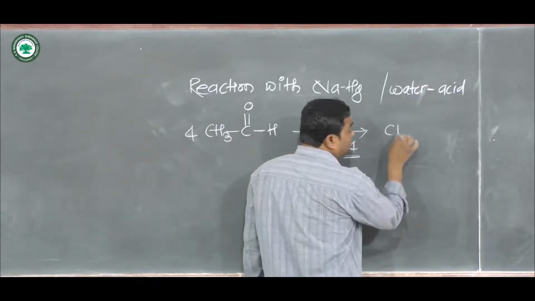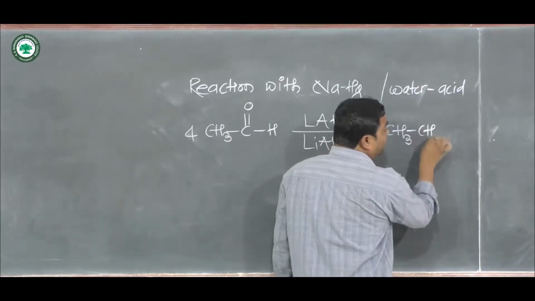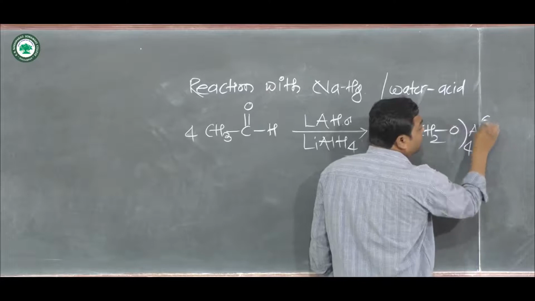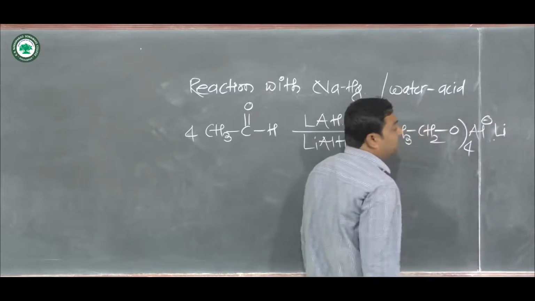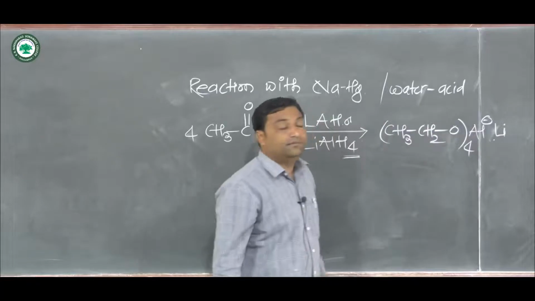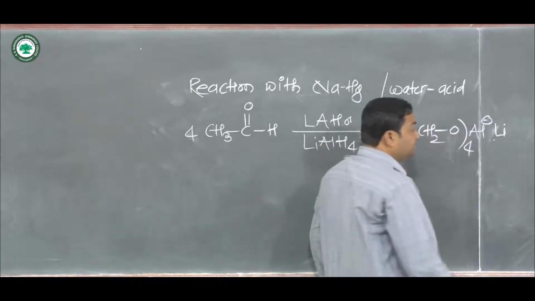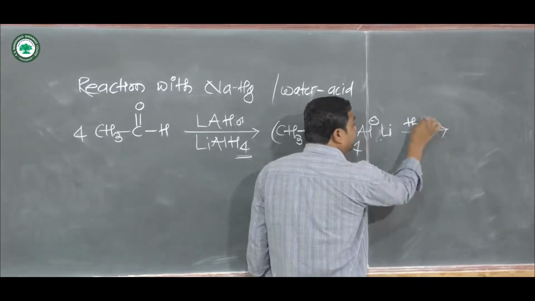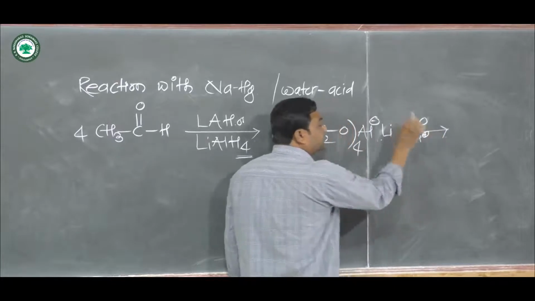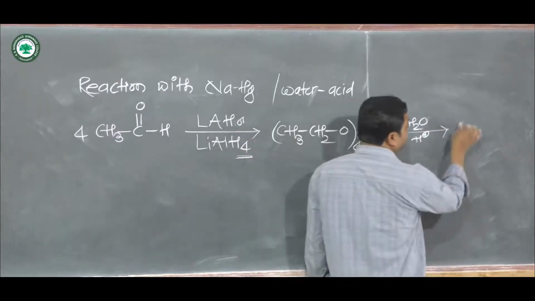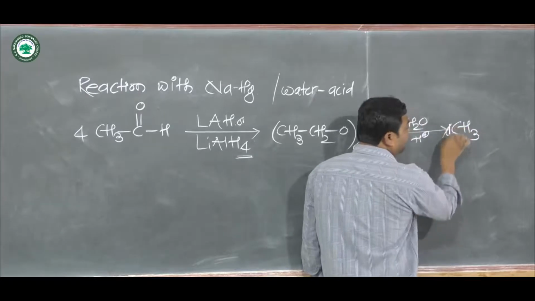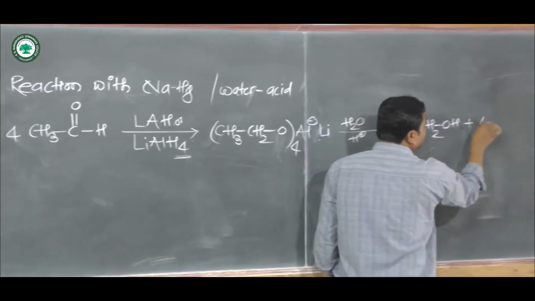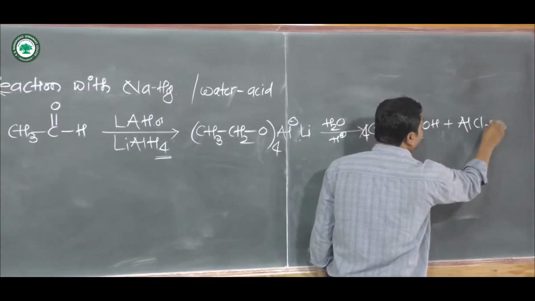Now, we obtain this molecule as an intermediate, which on hydrolysis gives 4 molecules of alcohol with the liberation of AlCl3 and LiCl.